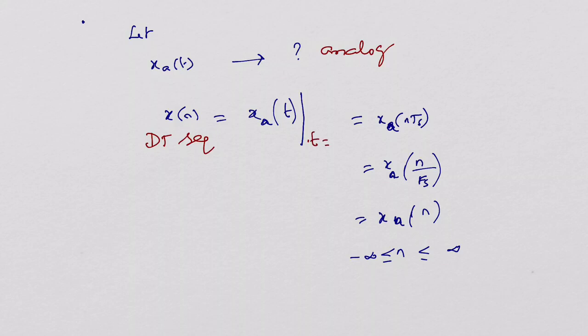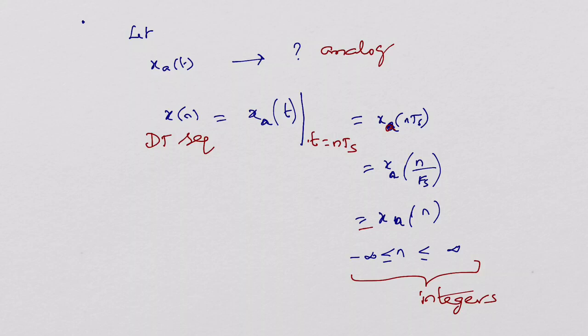T is replaced by nTs, so that the sample will become x of nTs, where Ts is equal to 1 by Fs, or it is equivalently represented as x of n. N is in the range of minus infinity to plus infinity, but please keep one thing in your mind, it will be of only integer values.